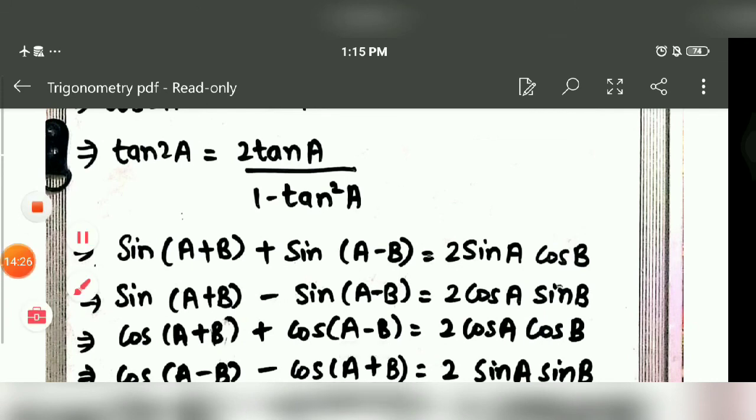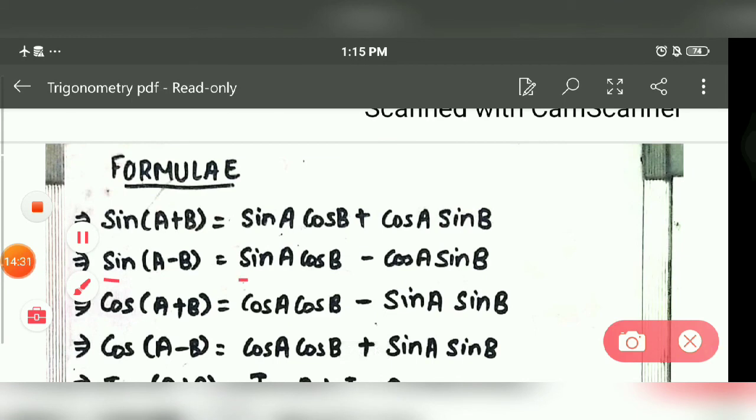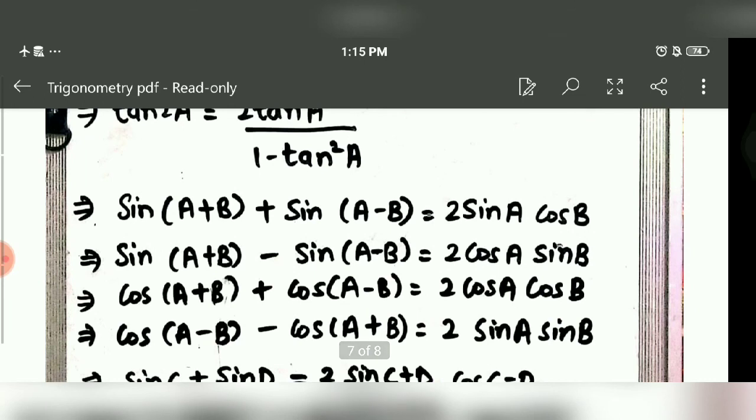If we subtract, the minus and plus are going to be cancelled. This is sin A plus B minus sin A minus B is equal to plus 2 cos A sin B. This is the result.